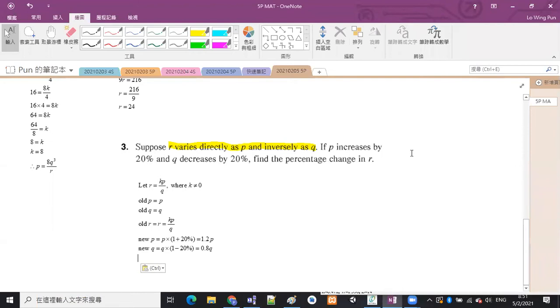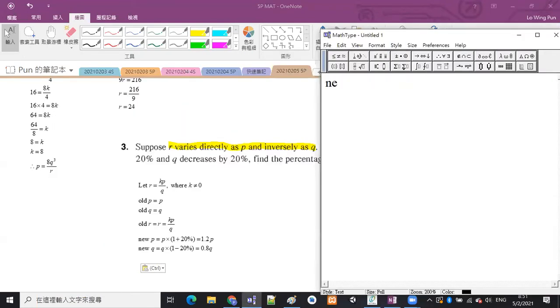Okay, finally, we are going to find a new R. New R is equal to the formula first. Formula is K times the new P, divided by the new Q. Okay?